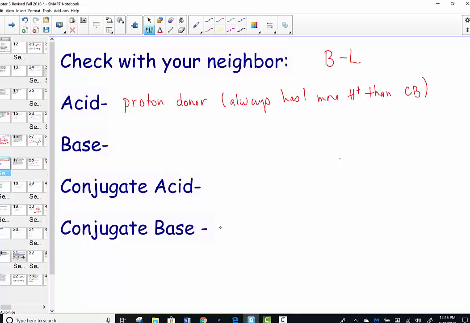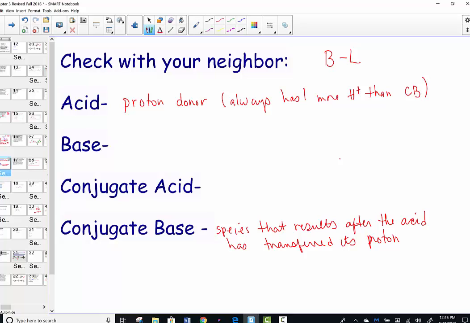The conjugate base is the species that results after the acid has transferred its proton. A base is a proton acceptor.